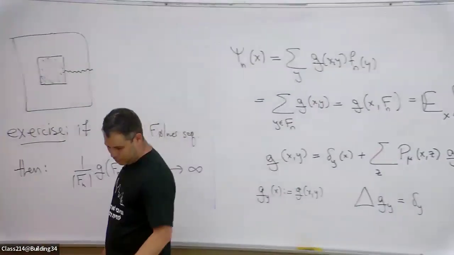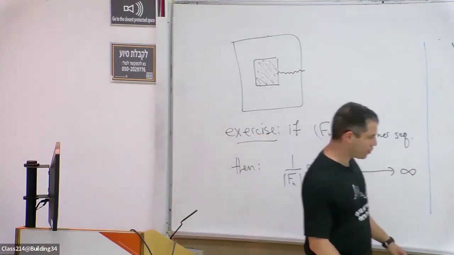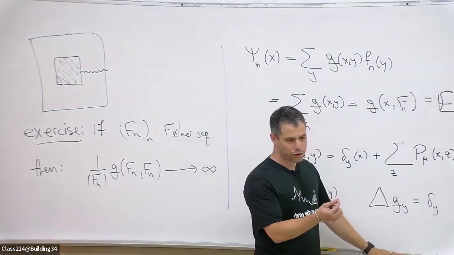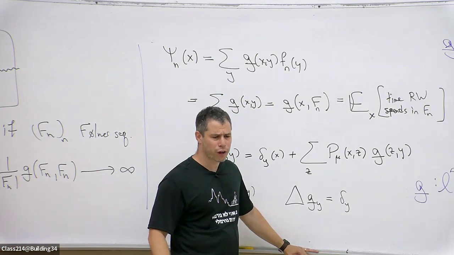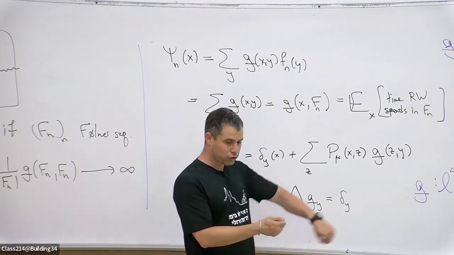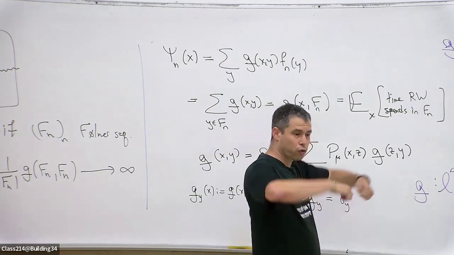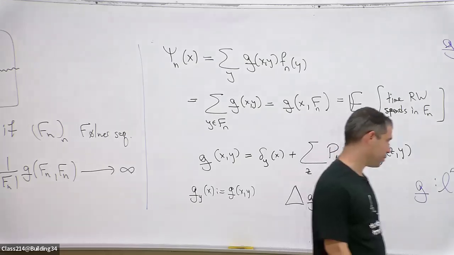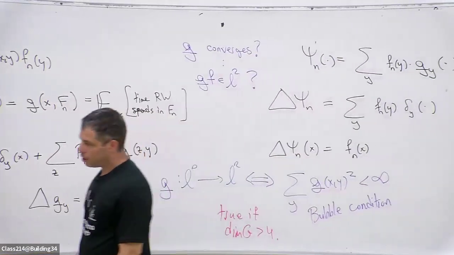It's equivalent to saying that two independent random walks, starting from the origin, do not meet again with positive probability. That's stronger than transience, right? Transience says you don't return to the origin with positive probability. Here, if you take two independent random walks, they never meet each other with positive probability. So this is a stronger condition. You need higher dimension for that to work.